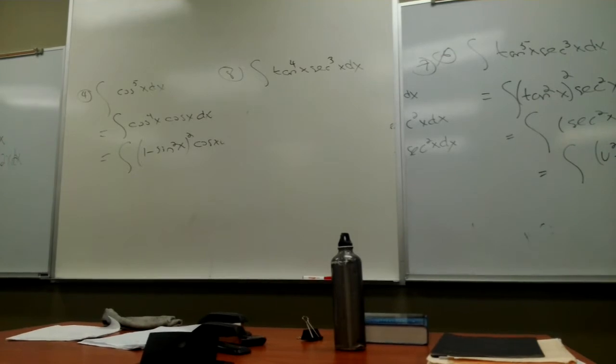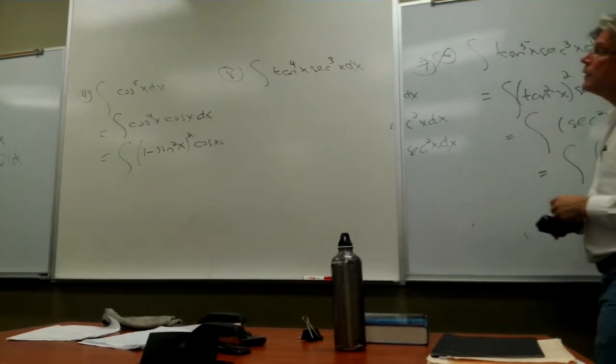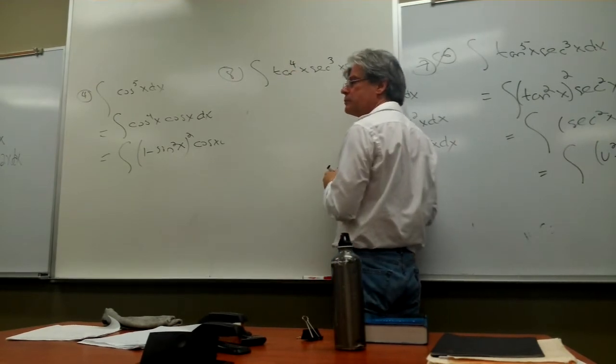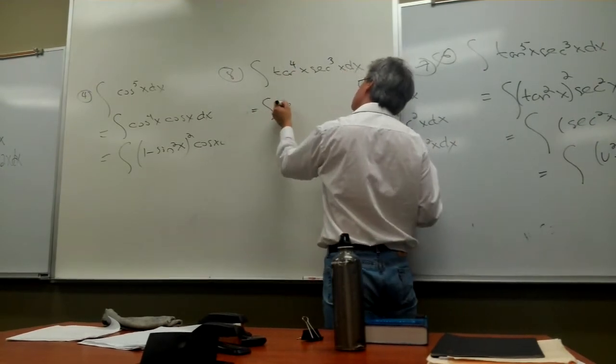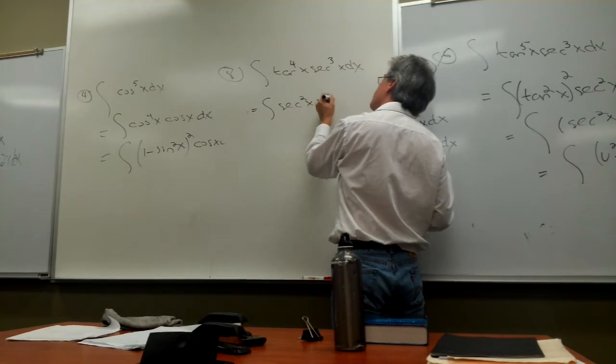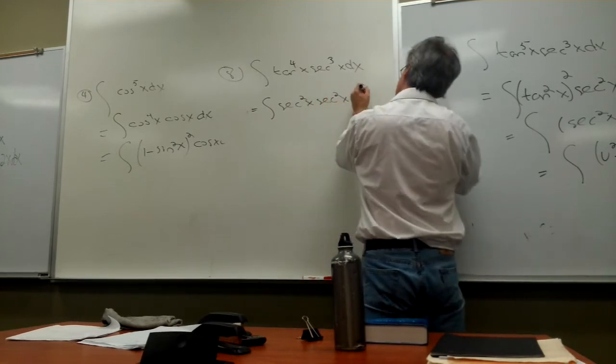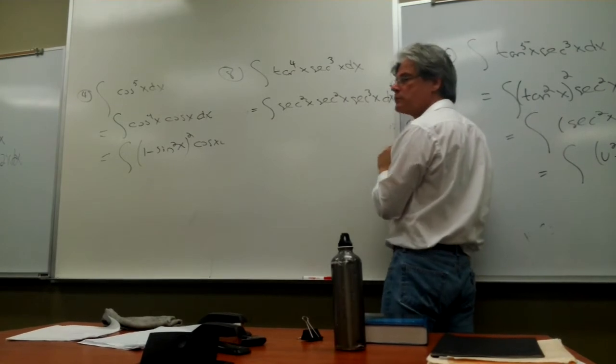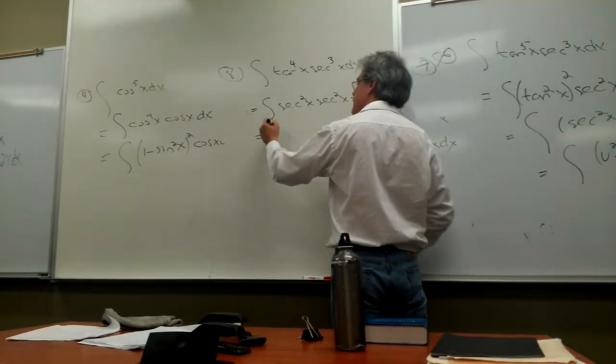But you have to confess, since the tangent of x is being raised to an even power, maybe I can think of it as secant squared of x repeatedly, and then use my Pythagorean identity.